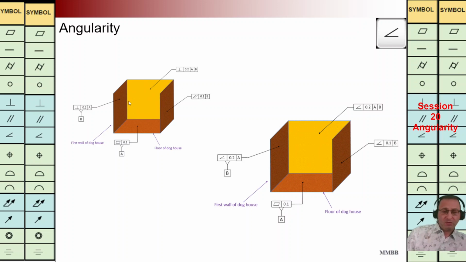In all of them, we are going to control the orientation. At the beginning, these planes are perpendicular to each other. Easily, I can change perpendicularity to angularity, and this parallel symbol to the angularity symbol.